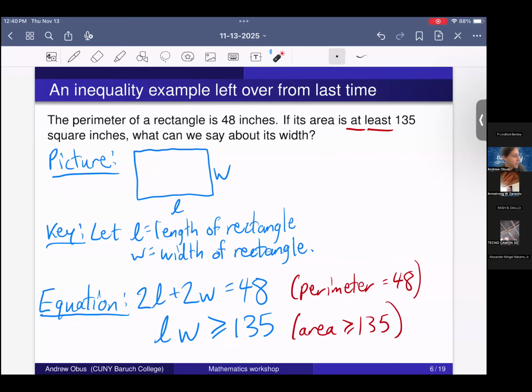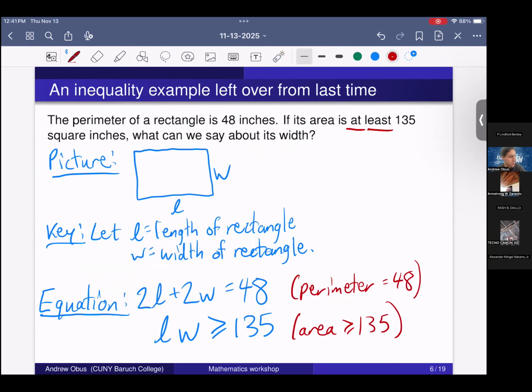Okay, so these are our equations. It's a little unusual: we have one equation and one inequality. But that's okay. Ultimately, we're going to want to solve the inequality. The question is, what can we say about the width? So ultimately we want to say something about W. What we need to do is use our equation to make a substitution so that anytime we see an L, we can write a W instead.